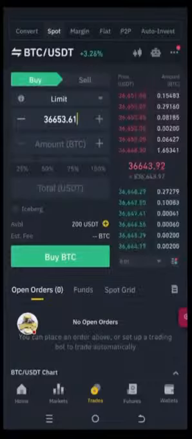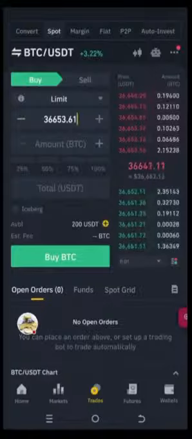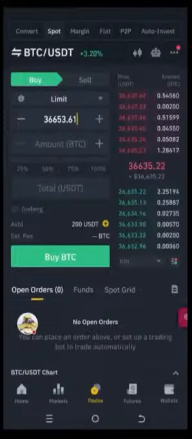The reason why I prefer to use the same currency I'm doing the trades in is because it makes it simpler to categorize and deduct all the fees. So if I'm doing BTC USDT, I would allow it to be charged in BTC rather than BNB, just for ease of calculations. That's the reason why I do that.